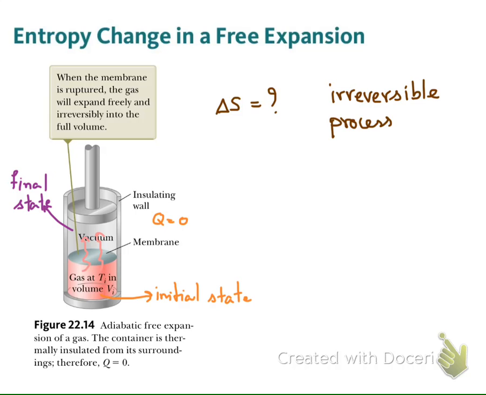The initial state is the state where the gas is in the lower part of the piston with the membrane above that prevents the gas from diffusing to the vacuum. The final state is the state when the membrane is broken and the gas diffuses to the whole volume of the piston and reaches equilibrium.